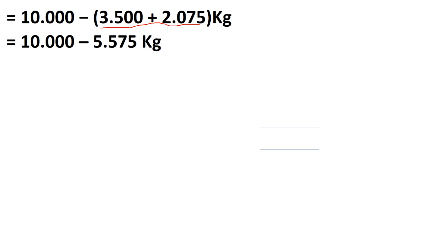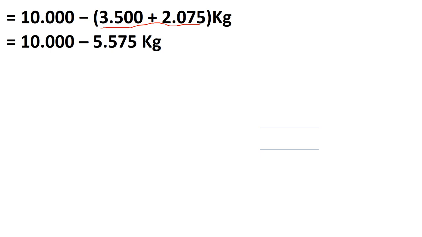Now see, total weight is 10 kilogram. Weight of onion 3 kilogram 500 gram. Weight of tomatoes 2.075, that we will subtract. So first of all we will add these two, because we know that according to BODMAS we have to solve the bracket first.